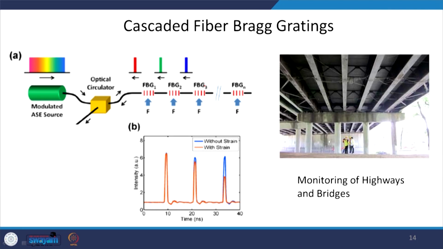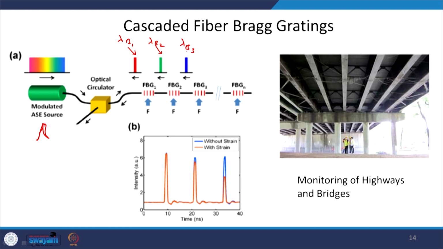Now, suppose you cascade various fiber Bragg gratings, say 1, 2, 3 and n gratings like this, then what will happen if you send a pulse, a polychromatic pulse? We also know that these have different spectral responses. So, lambda b 1, lambda b 2, lambda b 3, something like this.